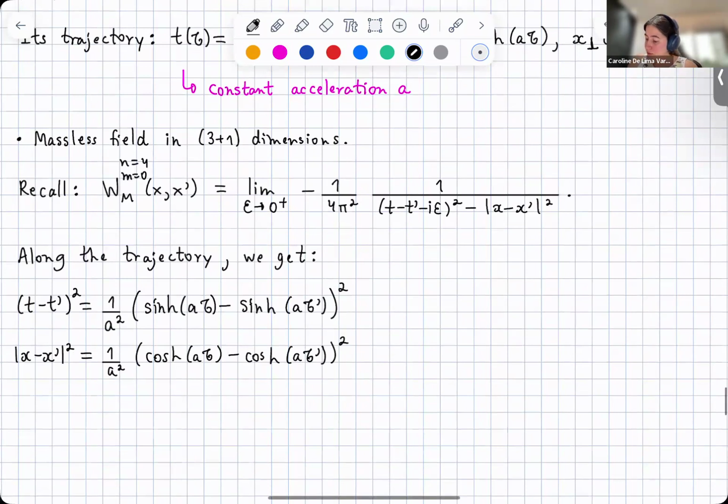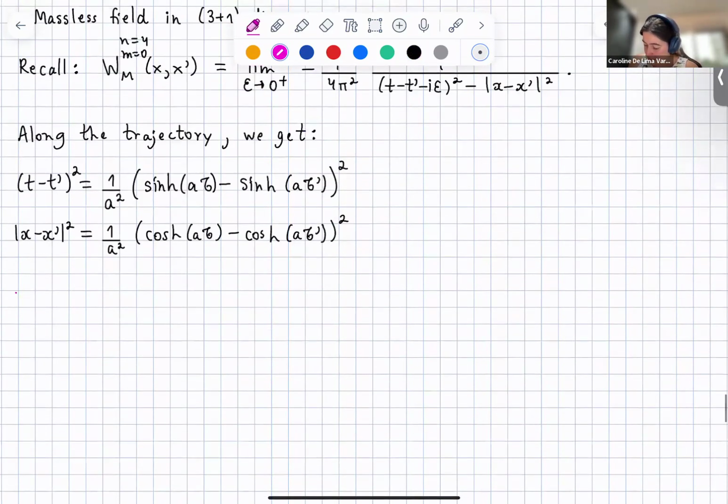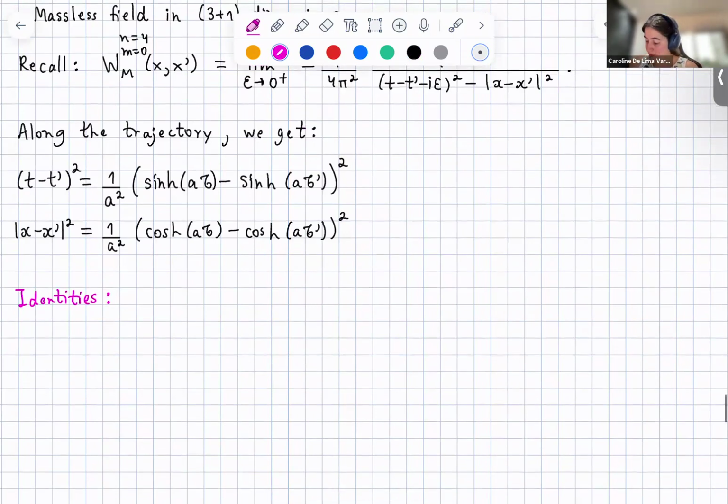Now let's use the following identities for hyperbolic functions. Hyperbolic sine of x minus hyperbolic sine of y can be written as 2 times the hyperbolic cosine of (x plus y) over 2 times hyperbolic sine of (x minus y) over 2.